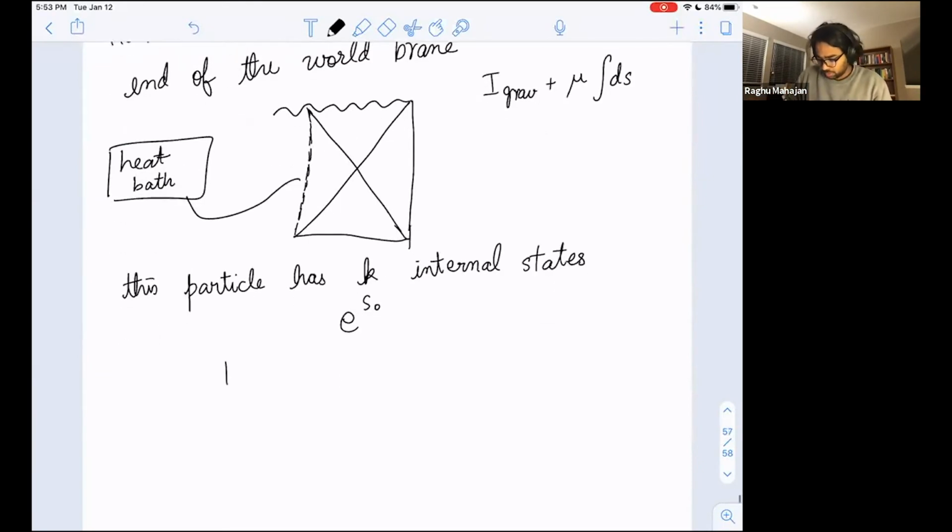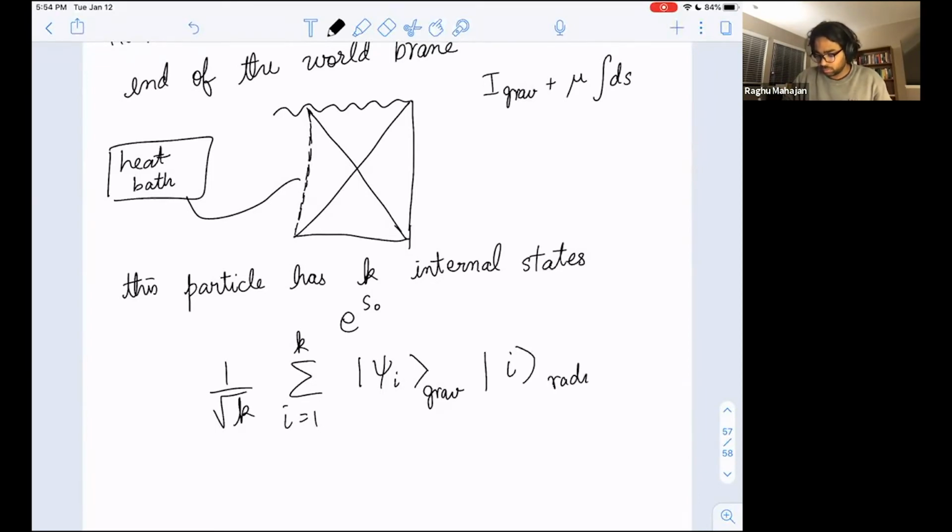So our state that we consider is 1 over square root of k, sum over i from 1 to k, psi i of the gravity, where gravity means this topological thing plus the particle, times some state in this radiation. Okay, so that's our global state.